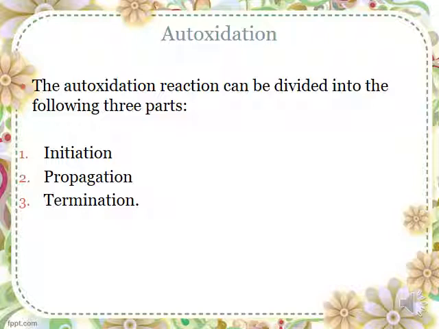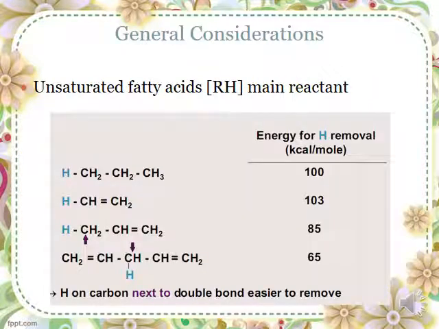Now, auto-oxidation is divided into three parts, which are initiation, propagation, and termination. So, what leads to auto-oxidation or lipid oxidation in lipid-containing food? The major reactants are the unsaturated fatty acids.